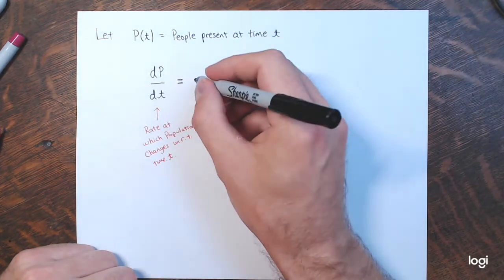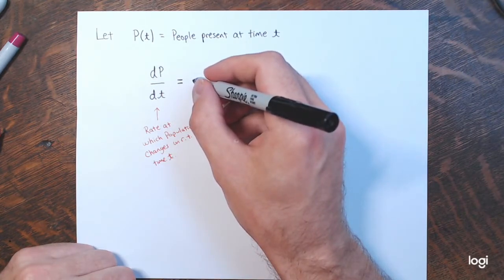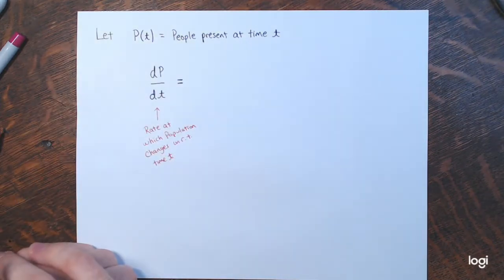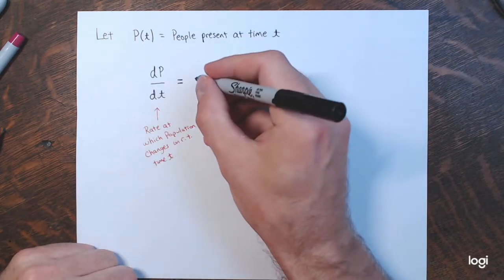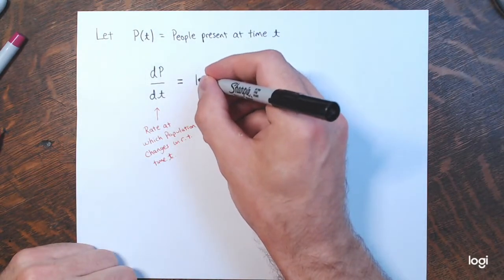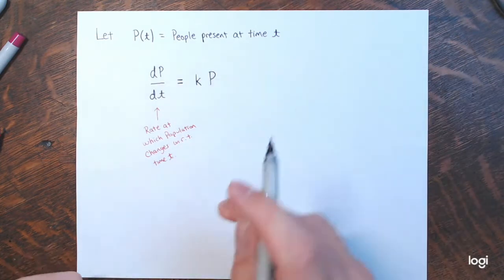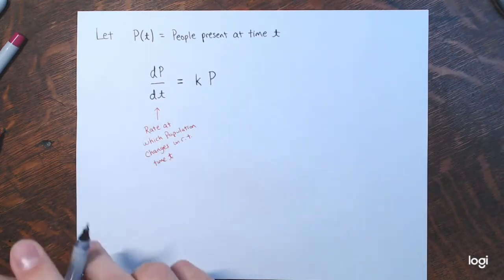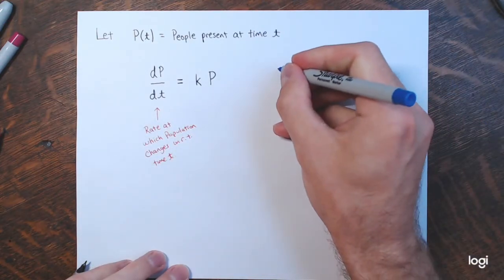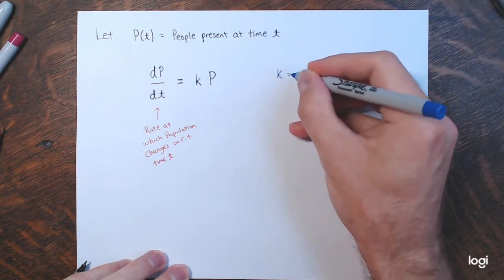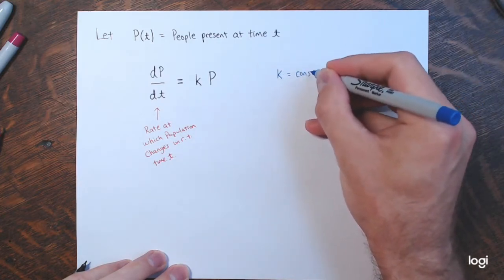If they don't say directly proportional or inversely proportional or jointly proportional, typically if the word directly is not there, it's just assumed to be directly in most cases. Not always. So there's going to be some sort of constant of proportionality times the amount of people present at time t. So k is the constant of proportionality.